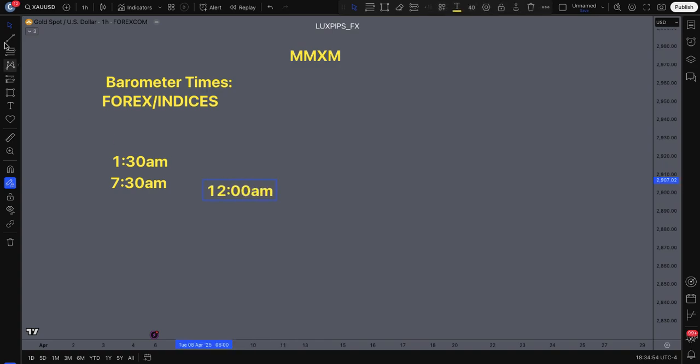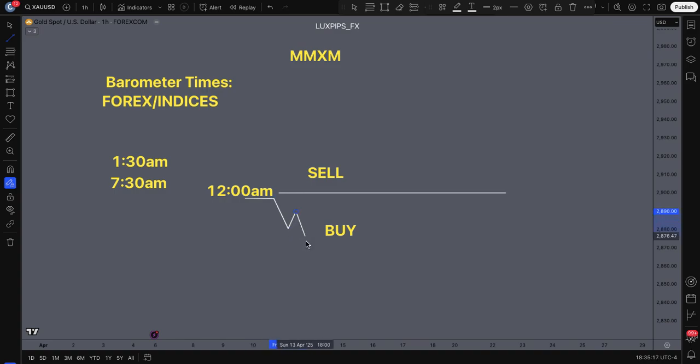Basically, under 12 a.m., you want to buy. Over 12 a.m., sell. Say the market opened up, gave us 12 a.m. Now the market's going down, right?